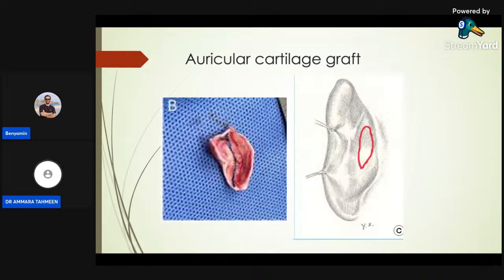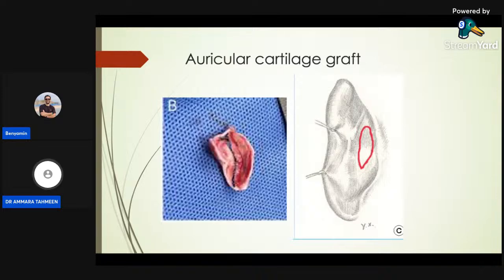So it leads to the healing of the sinus floor, as well as the normal healing of the socket bone. So this has been used as a barrier membrane by many clinicians.